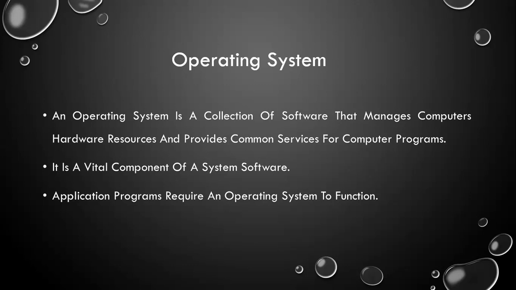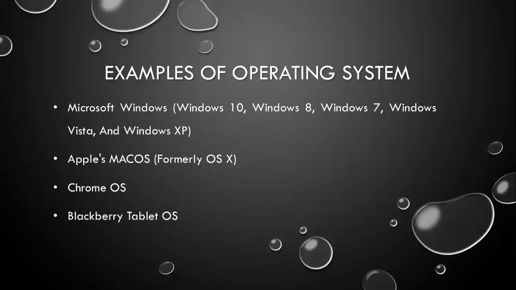So this operating system is essential and is required to run applications on a computer. Application programs require an operating system to function. So we can see that application software cannot be run without an operating system or a system software.